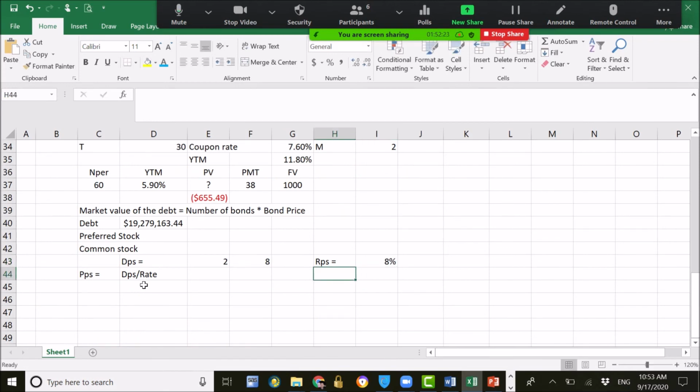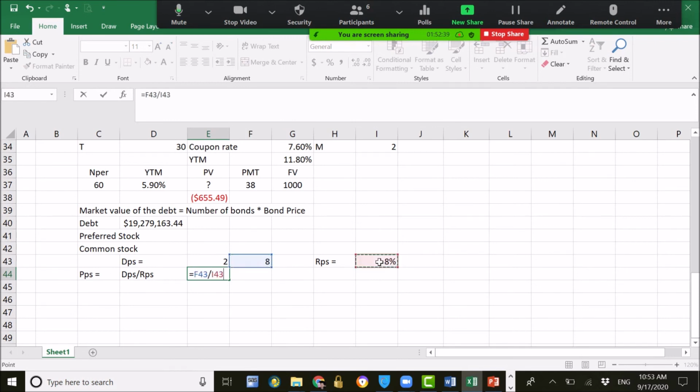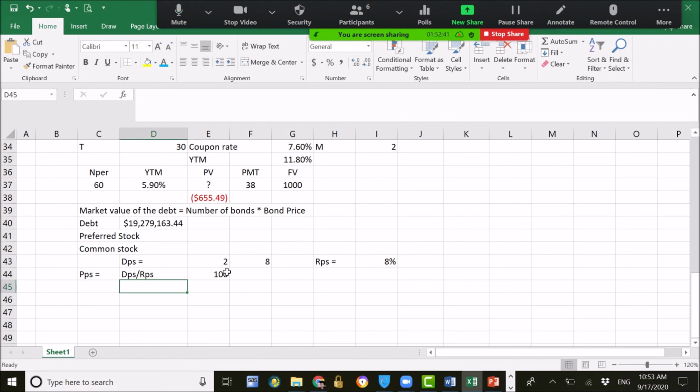So this is R_PS. All right, I'm going to calculate that. So D_PS is $8. You divide by the rate. That's going to give us the price of the stock, which is $100.